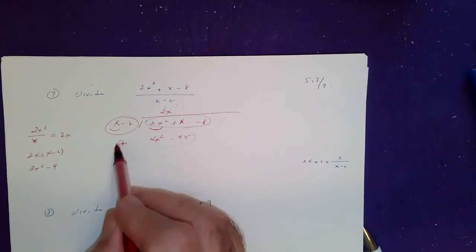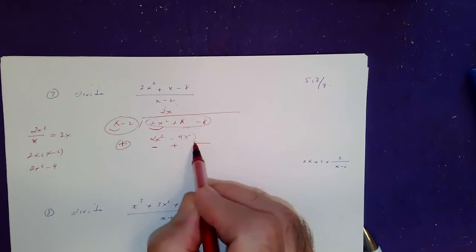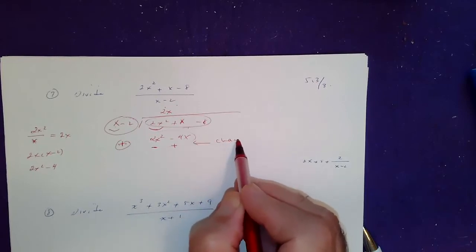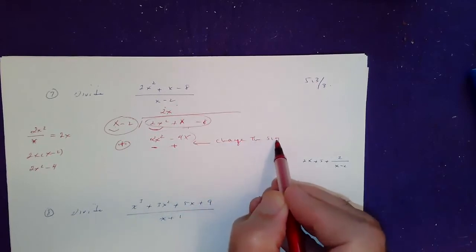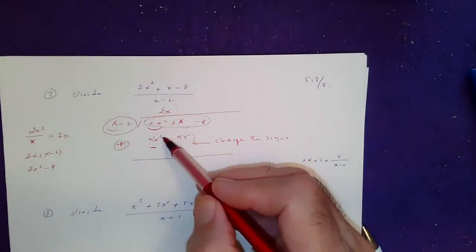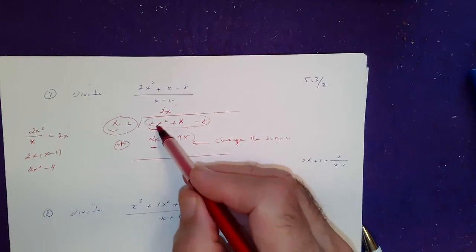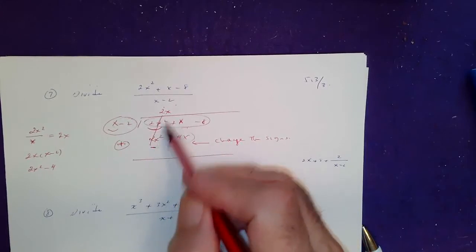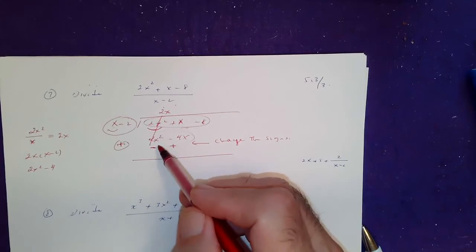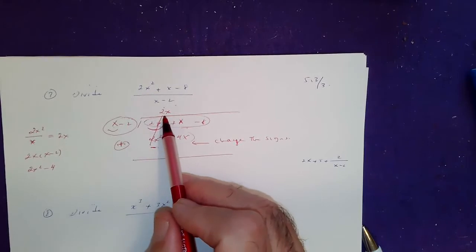We don't, we add, but we will remember to change the signs here, correct? Change the signs. Now this guy is negative 2x squared, no longer 2x squared. Negative 2x squared plus 2x squared cancels, adds up to 0. Because remember, the first two terms should always cancel unless you came up with the wrong sign.